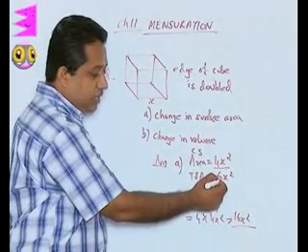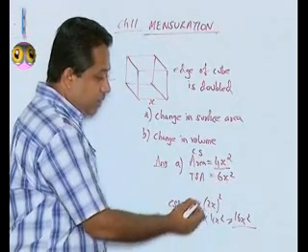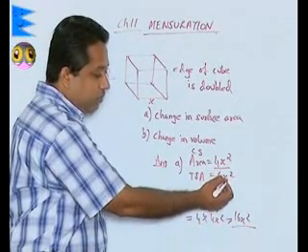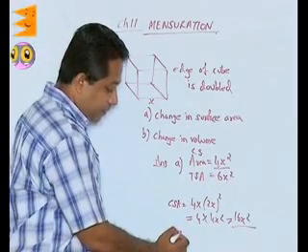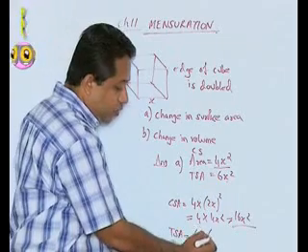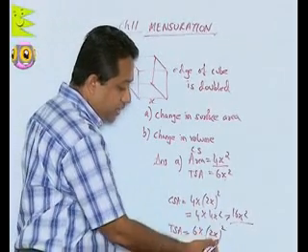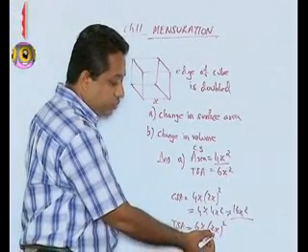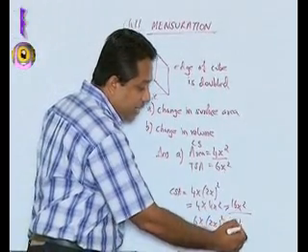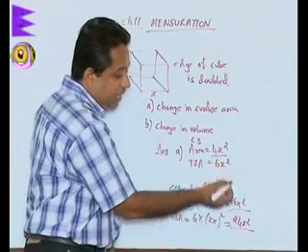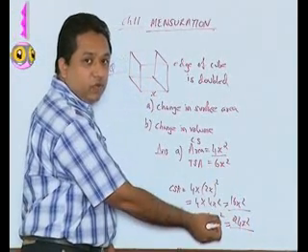Even if we do it the same way here, 6 multiplied by 2x whole square, that is the total surface area. Now 2x whole square is 4x square. 4x square into 6 we will get 24x square. So again the area increases by 4 times.